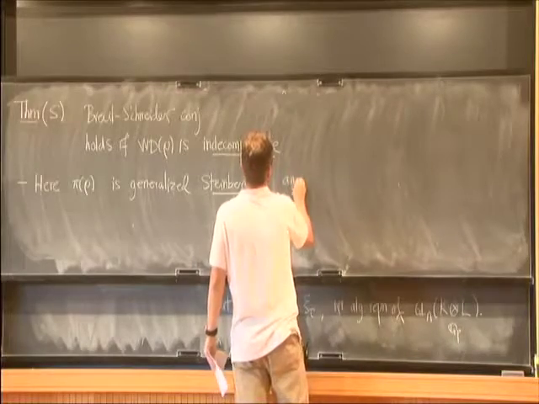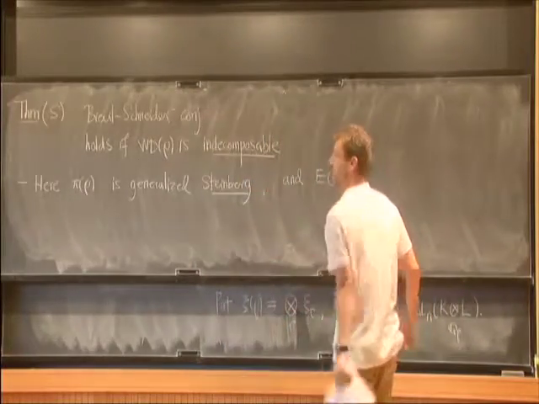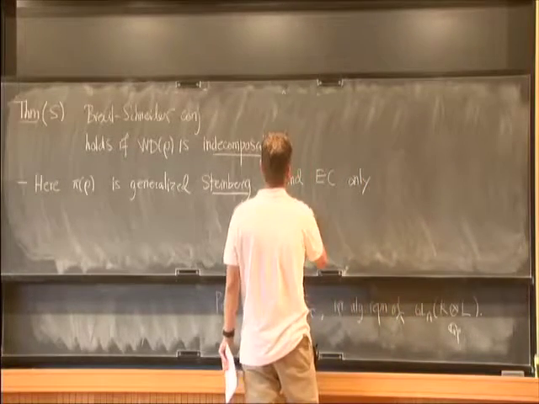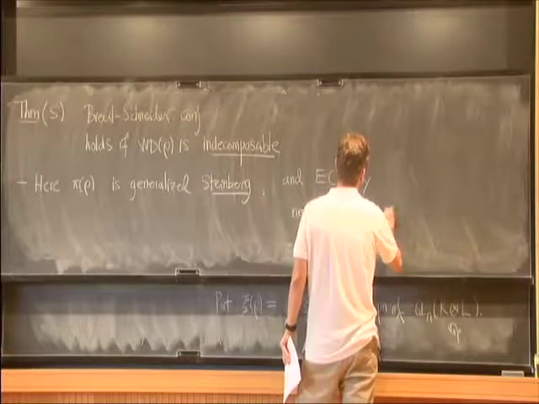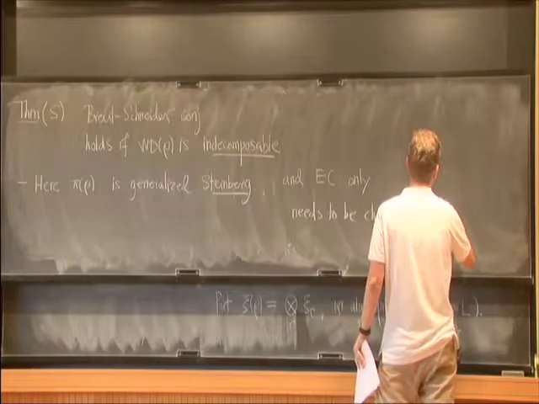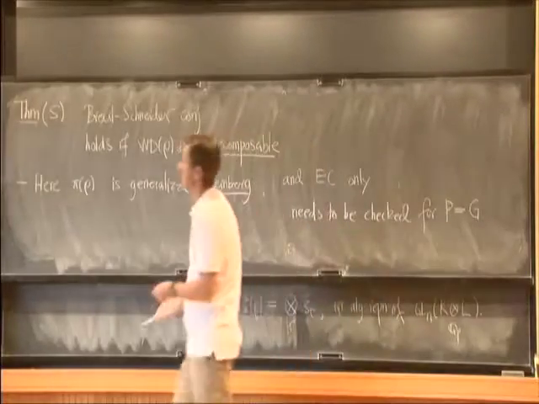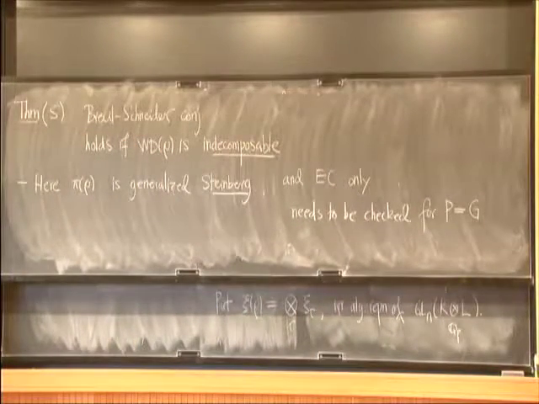So you only need to check that Emerton condition when p equals g. Okay. Right. Which is really just saying that the central character is integral.